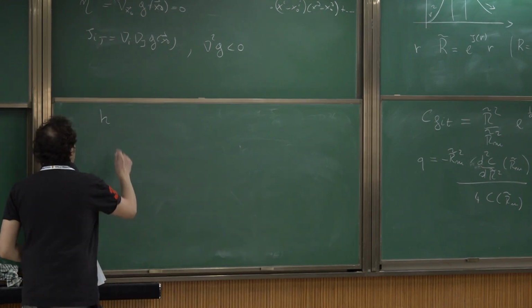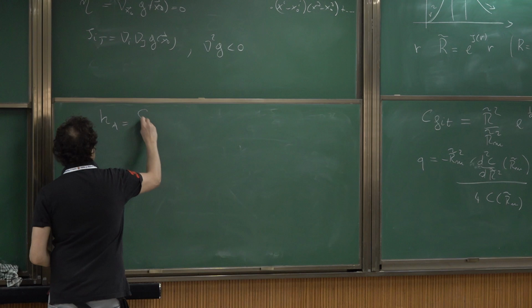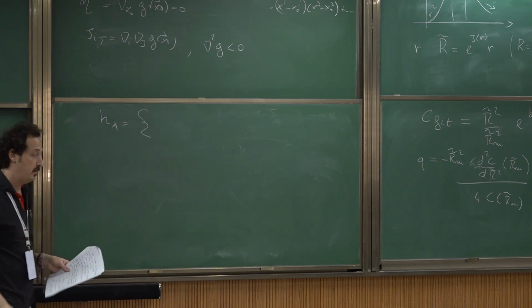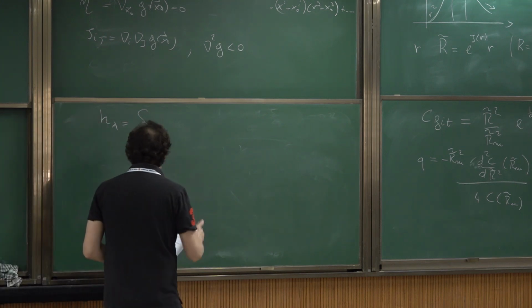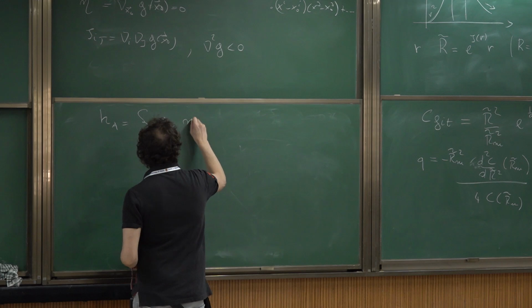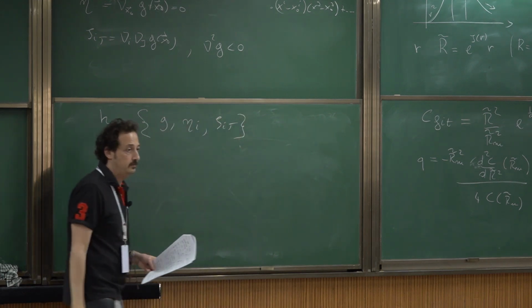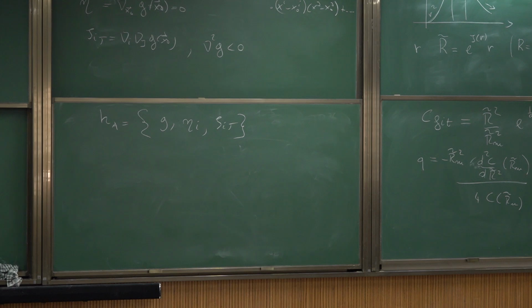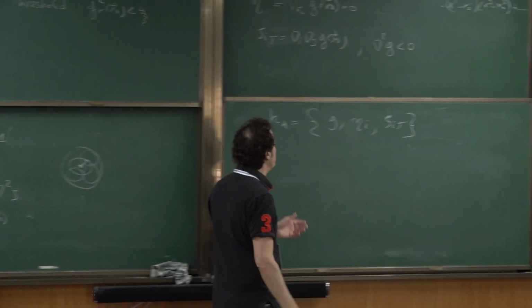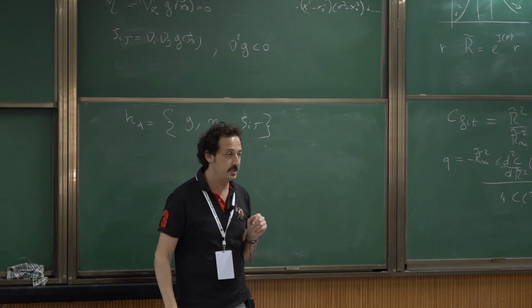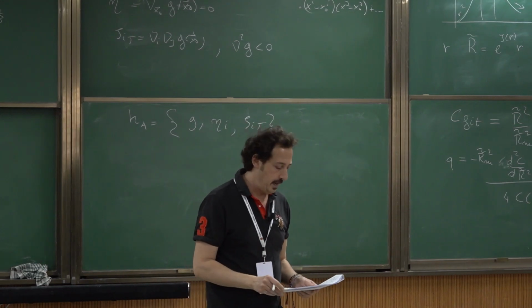So I can collect all of those in a new multi-Gaussian variable that is defined by g, eta i, and psi ij. So I have those. And of course, the condition that we want to put is eta i equal to 0 and psi ij to be negative.